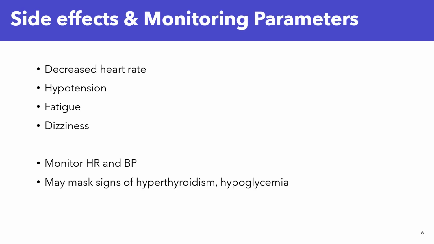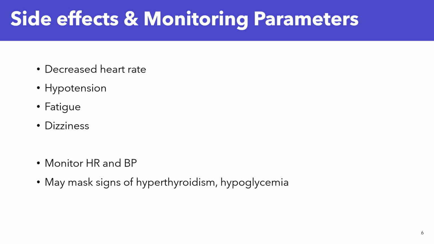Side effects of beta blockers and monitoring parameters. Some of the side effects with beta blockers, as we've talked about, they lower the heart rate, and cause hypotension, as they can lower the blood pressure. They can also cause fatigue, dizziness, and there are more side effects that I did not list here.